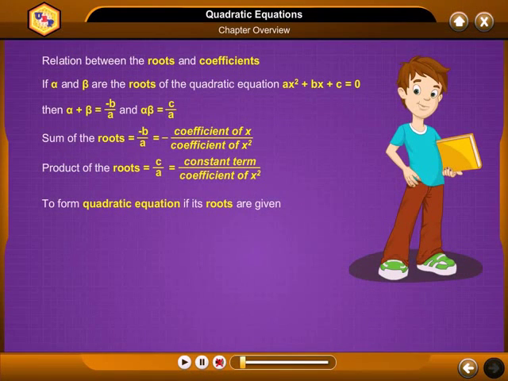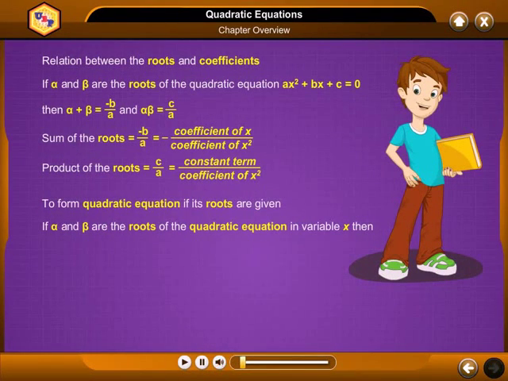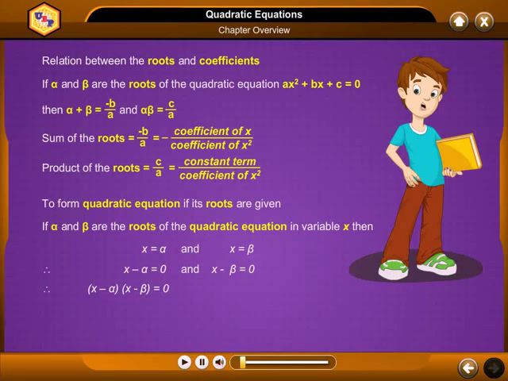To form a quadratic equation if its roots are given. If alpha and beta are the roots of the quadratic equation in variable x, then x is equal to alpha and x is equal to beta. x minus alpha is equal to 0 and x minus beta is equal to 0. (x minus alpha)(x minus beta) is equal to 0. x square minus (alpha plus beta) x plus alpha beta is equal to 0.